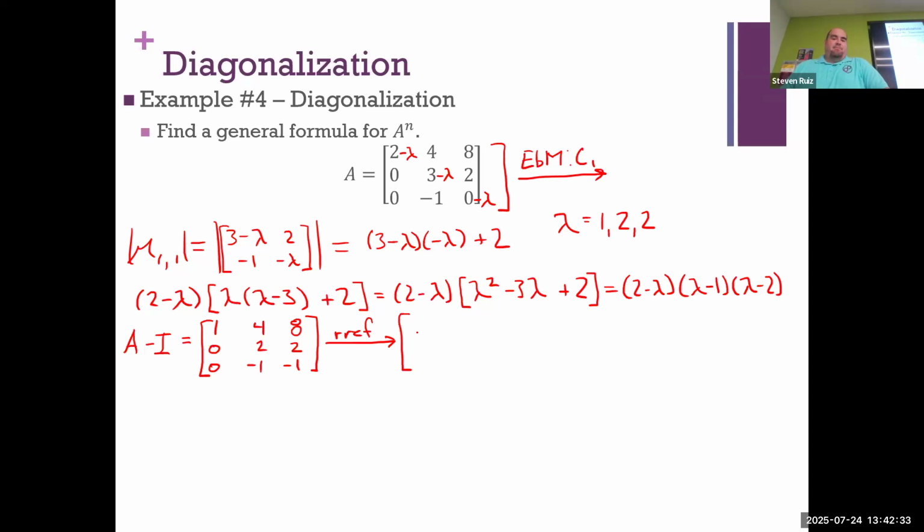Yep, I can see that now. 1, 0, 4, 0, 1, 1. All right. So then what are our eigenvectors? What does this tell us? x1 equals -4x3. x2 equals -x3.